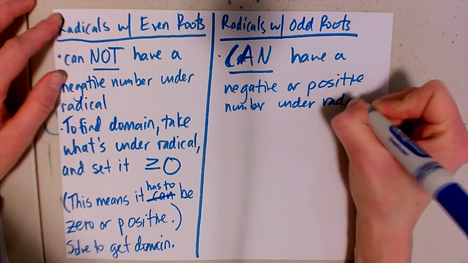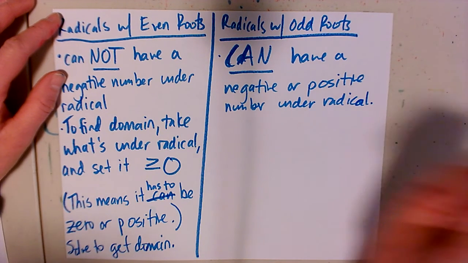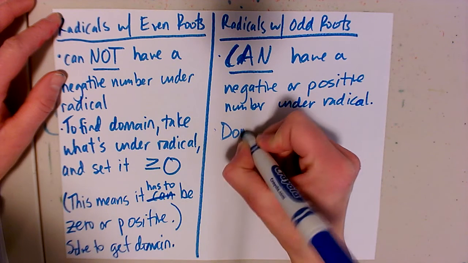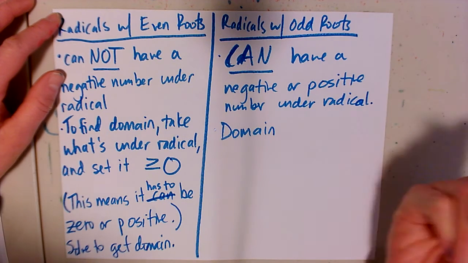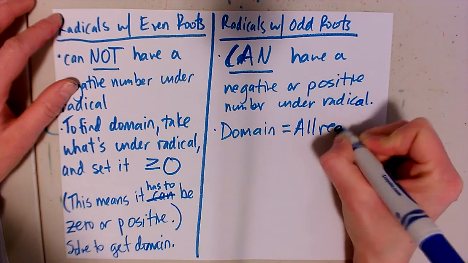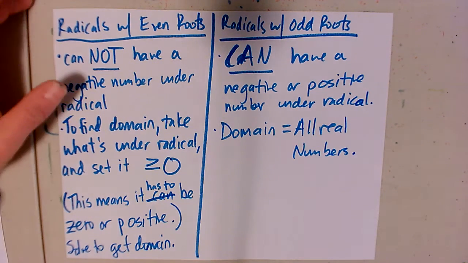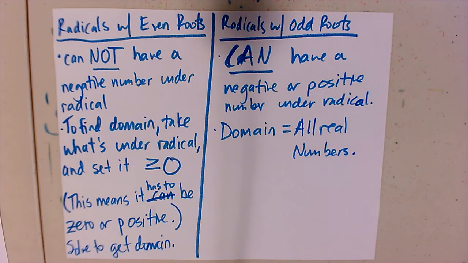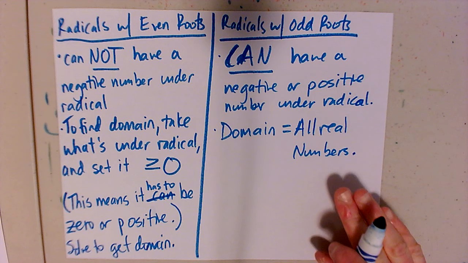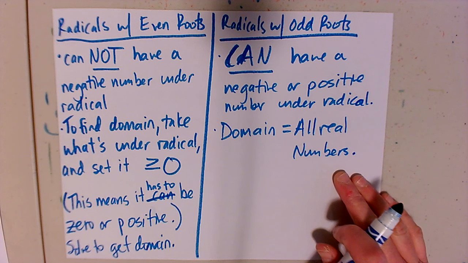Okay? If you have an odd root, you can have a negative or positive number under the radical. And you don't even have to do any thinking to find the domain of these. The domain is always all real numbers. So you just write that and go on and you're all done. Okay? So for radicals with odd roots, we don't have to do much thinking. The domain is just all real numbers.